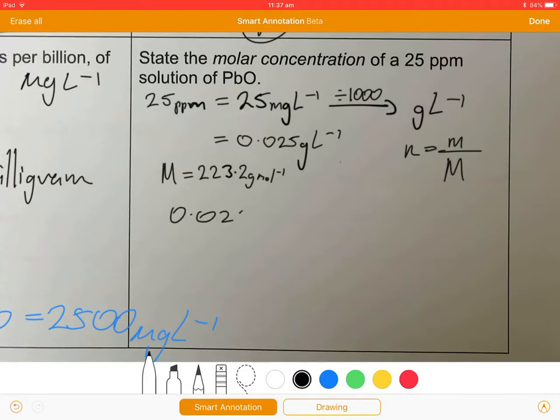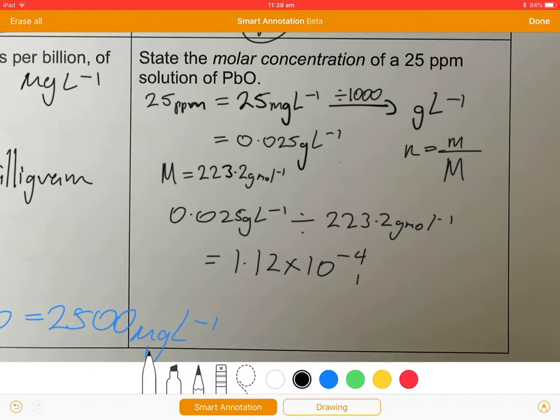Therefore, 0.025 grams per litre, sorry, that should be divided by 223.2 grams per mole gives us an answer of 1.12 times 10 to the power of minus 4 moles per litre.